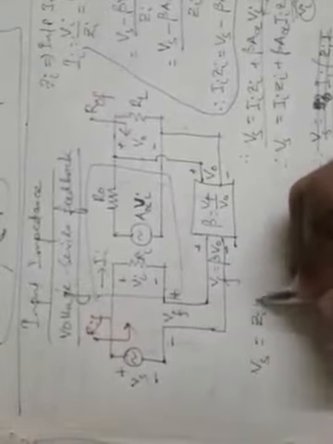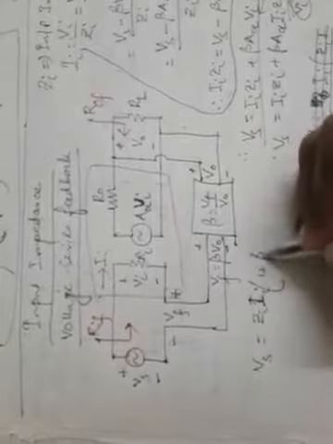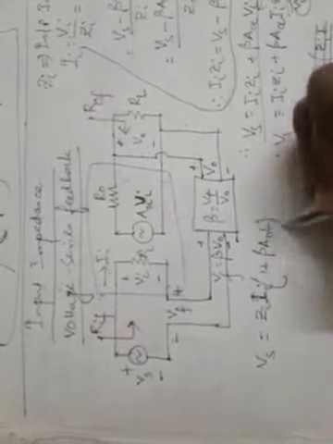So we can write Vs is equal to Zi II taken as common, times 1 plus beta AOL.